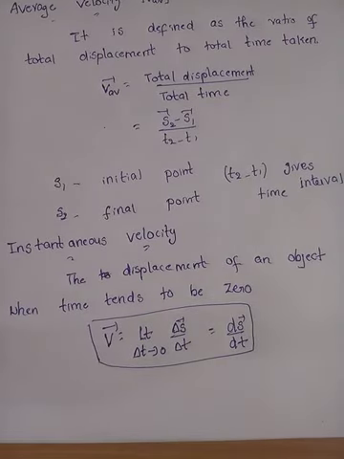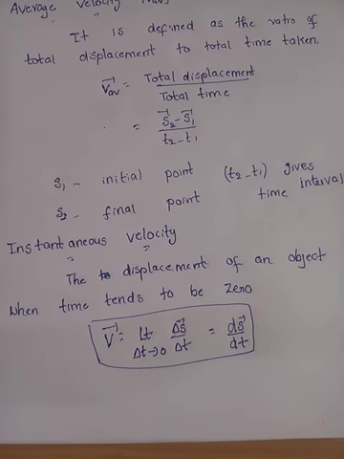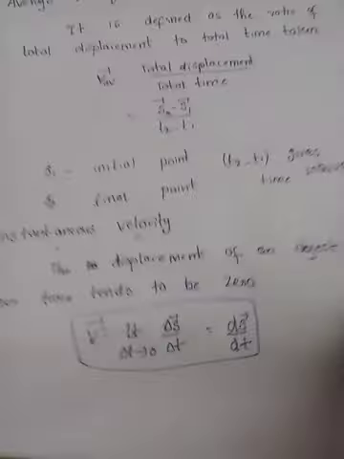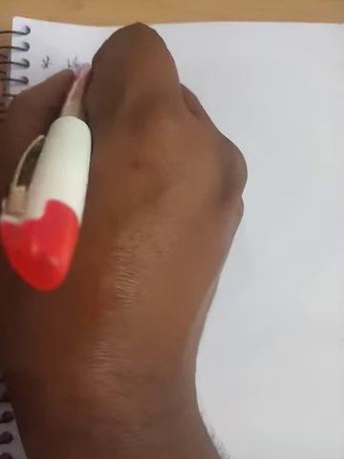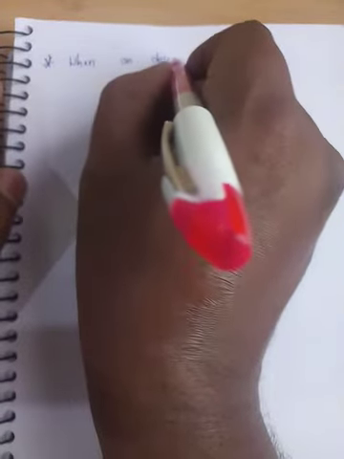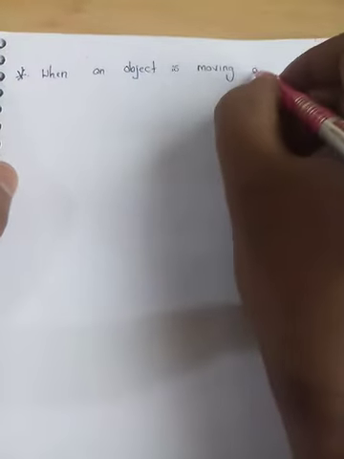See here, we can note one point: when an object is moving along the same direction, instantaneous speed equals instantaneous velocity, because over a very small interval of time the displacement and distance are the same. So as a note: when an object is moving along a straight line, instantaneous speed equals instantaneous velocity. Why do I write straight line?